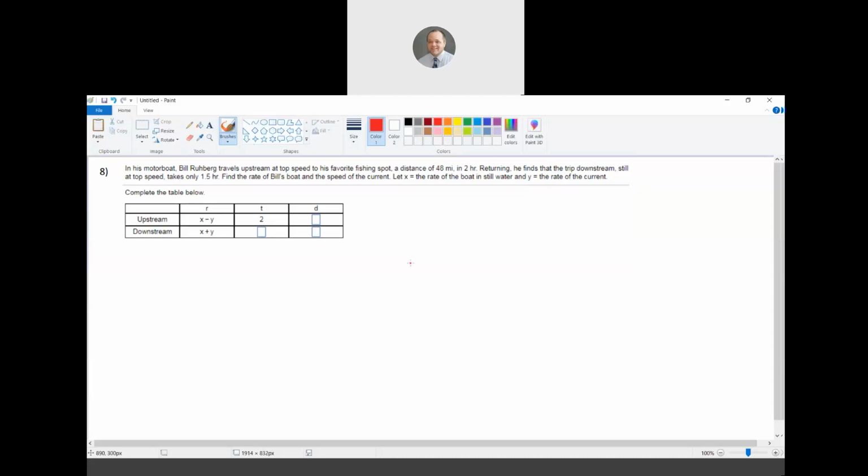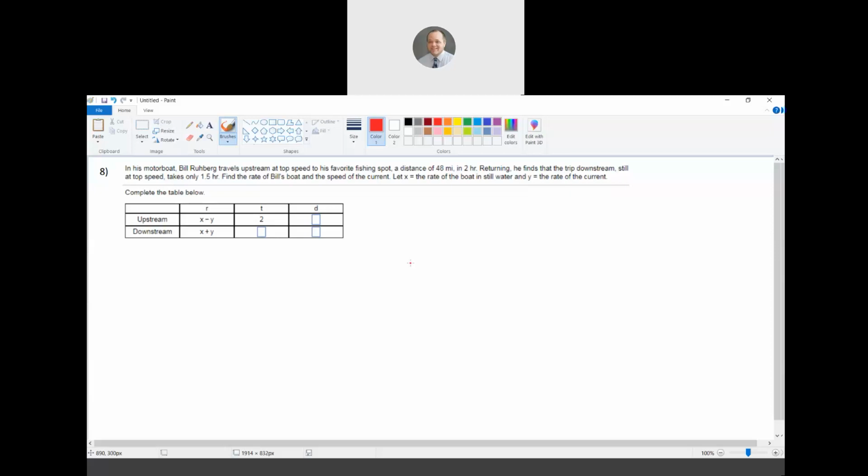Returning, he finds that the trip downstream, still at top speed, only takes 1.5 hours. Find the rate of Bill's boat and the speed of the current. Let x equal the rate of the boat in still water and y equal the rate of the current.